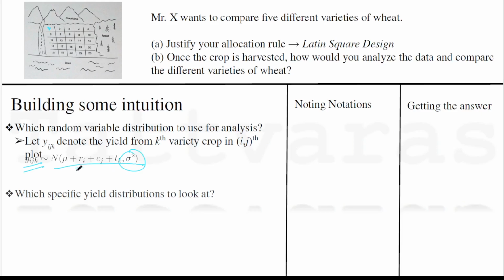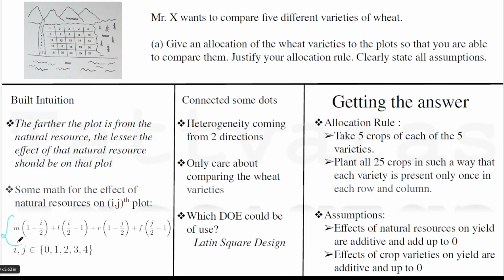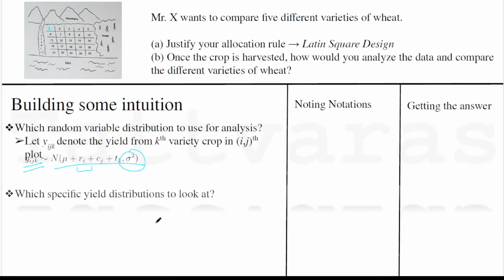And Ri is the component coming from I over here, this one. And similarly, Cj is this component. So we have Ri and Cj coming from I and J. And Tk is the effect from the kth crop variety itself. And just normal distribution is not enough. We have to look at specific distributions coming out from the various possibilities from this, because we have 25 such random variables.